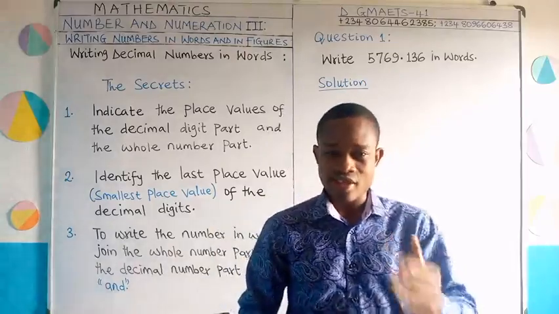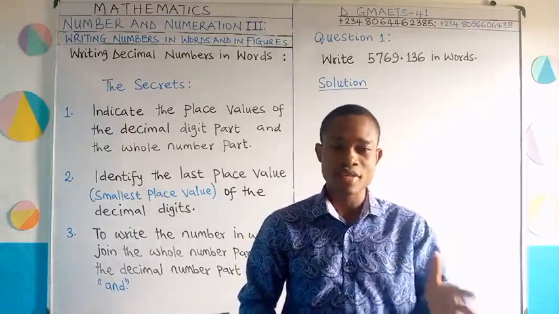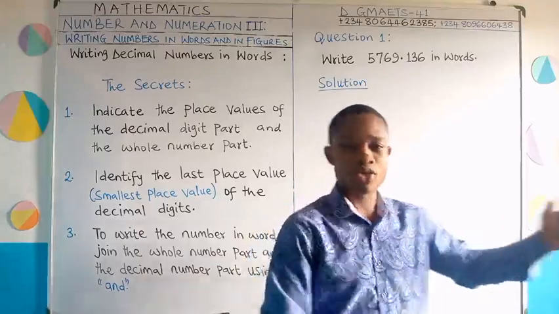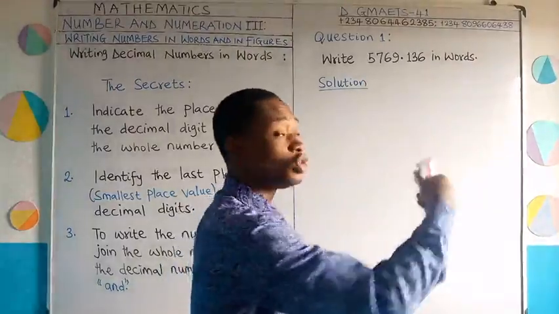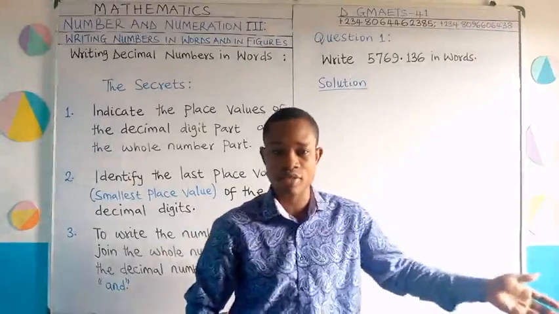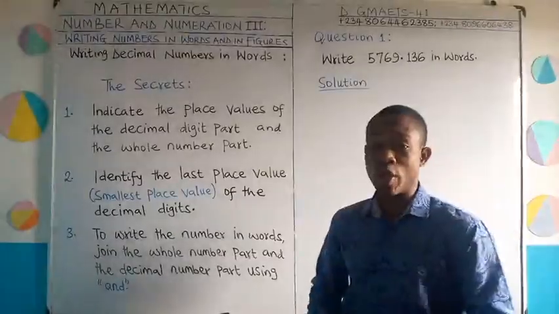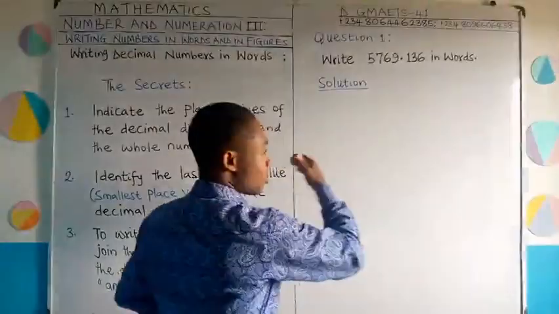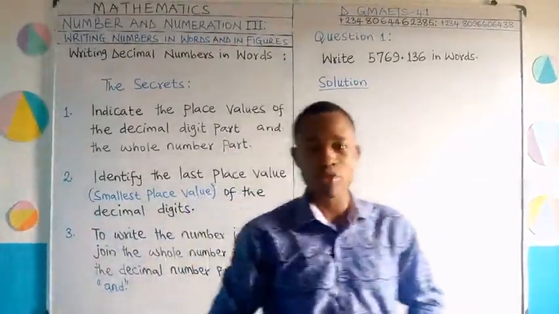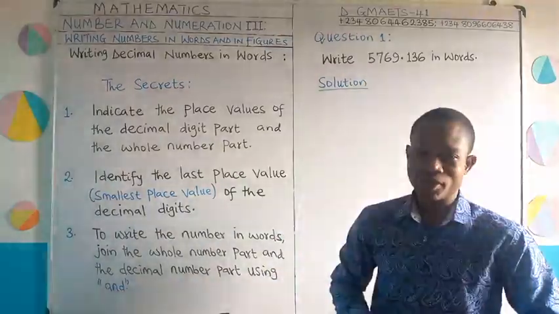Any digit under tenth is the highest digit. Then after tenths, you move down towards the right. You move to hundredths, thousandths, ten-thousandths. You continue going, okay? But as you are moving towards the right in the decimal parts, the value of the number will be reducing. That was what I told you.